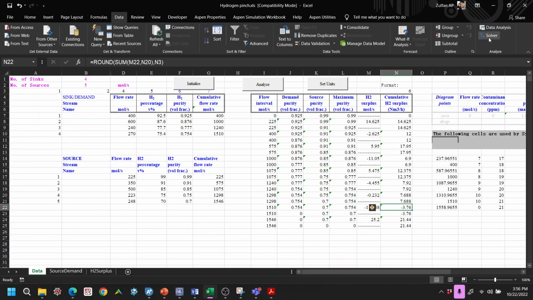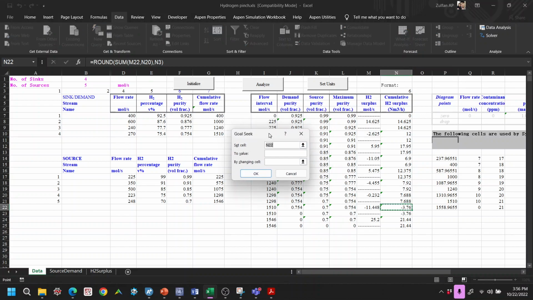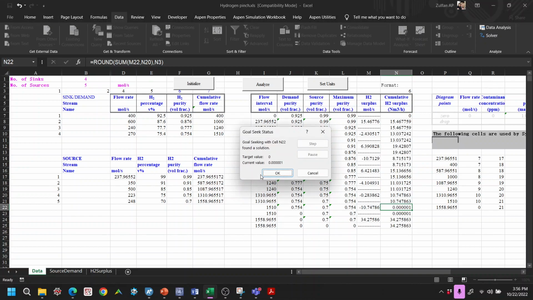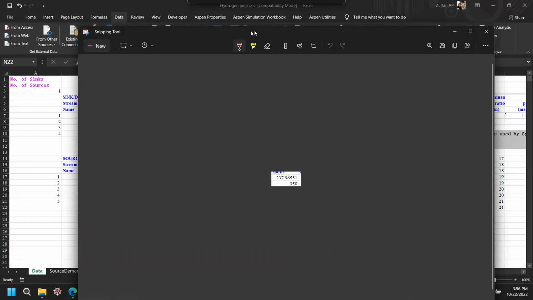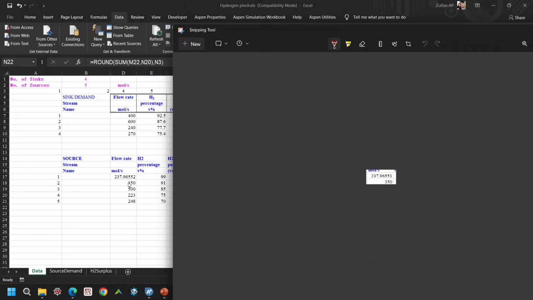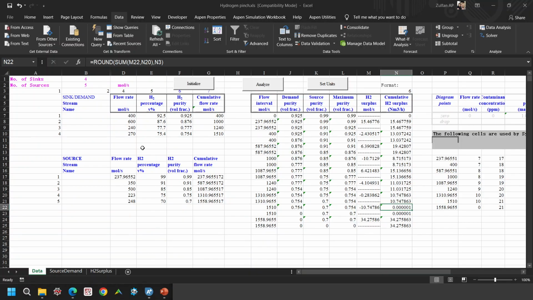So we want to use the solver, so this one we want to make into 0. What we change, we will simply change is the amount of hydrogen we require. So we get the previous 237, which is this number, 23796 something, okay, 551.